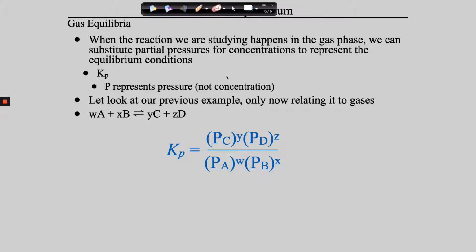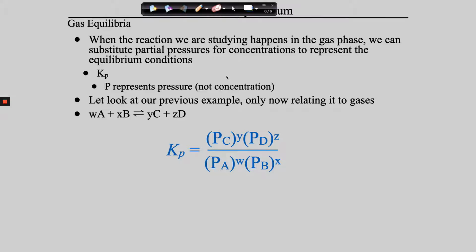These are the pressures of the component gases. So no longer molarity, we're now just talking about partial pressures. So it's the pressure of gas C, it's the pressure of gas D, it's the pressure of gas A, the pressure of gas B. So fundamentally for you, the problem-solving process is the same, but instead of being given molarities, you'll be given pressures, and you'll just plug those in and solve as well.